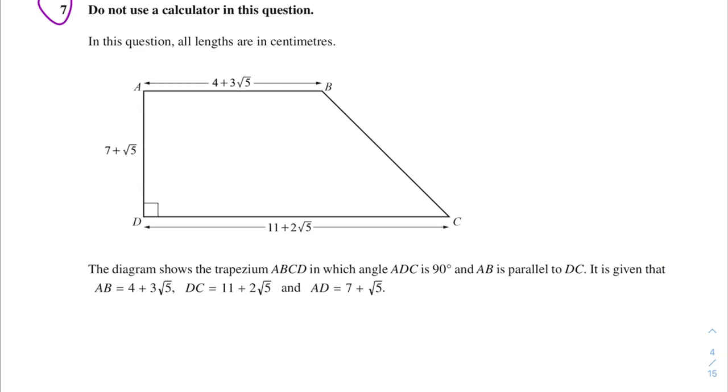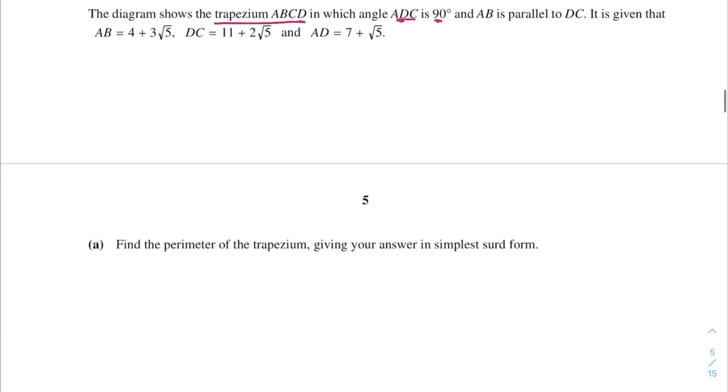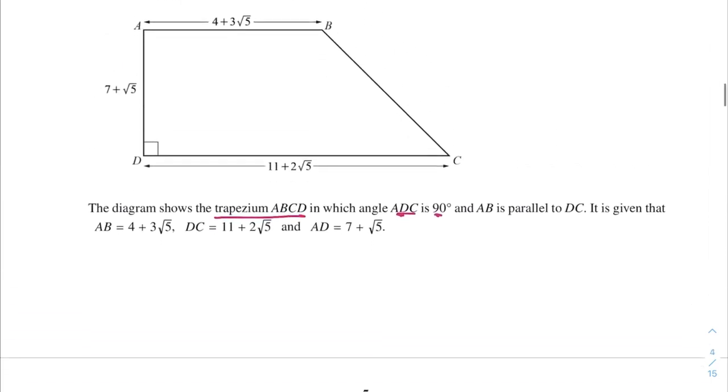So we have this shape there. It shows a trapezium, blah blah blah. This angle at D is 90. I mean, they have given us a lot of instructions, but what do they really want? We should find the perimeter of the trapezium. Now, if you want the perimeter of the trapezium, then that basically means that you need to find your BC, right?